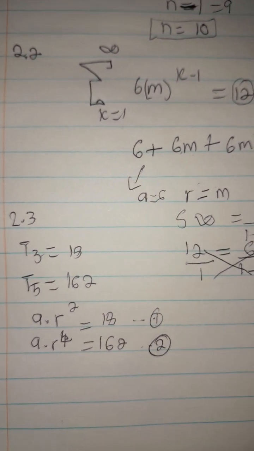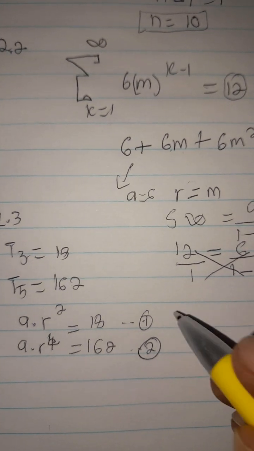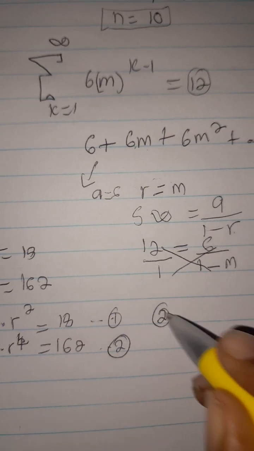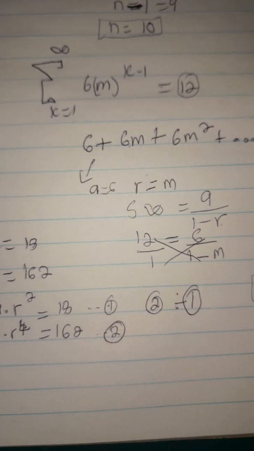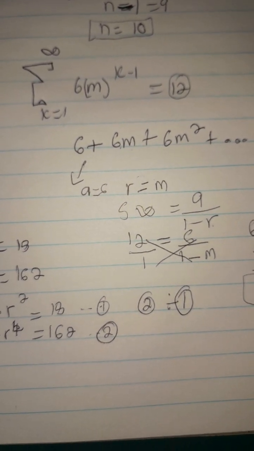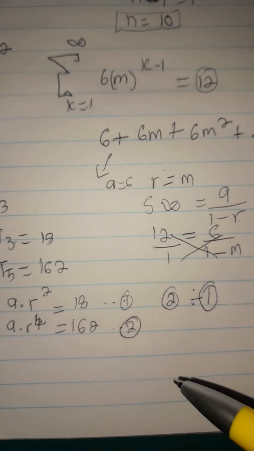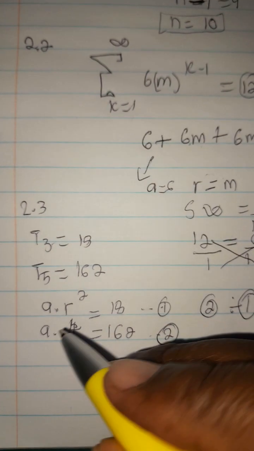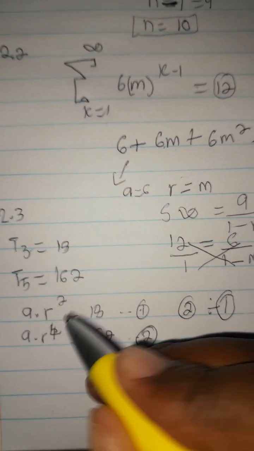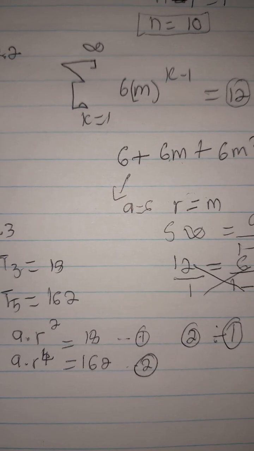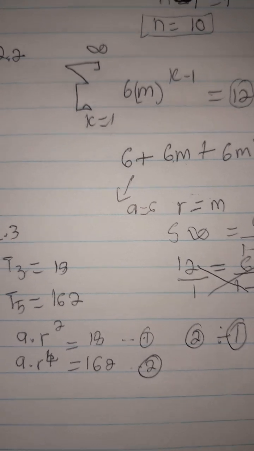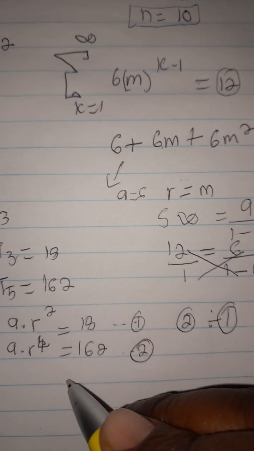So for us it's either we make r or a the subject. So the best way is equation 2 divided by equation 1. When we divide this, when we say 162 divided by 18, we get 9.